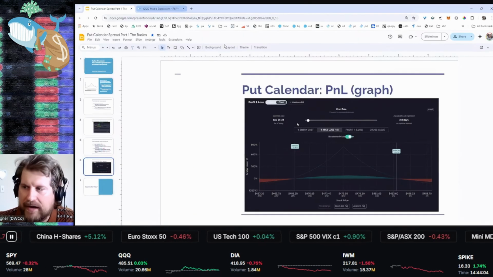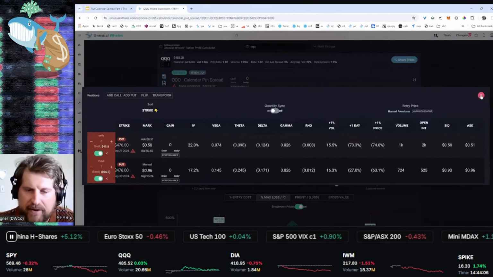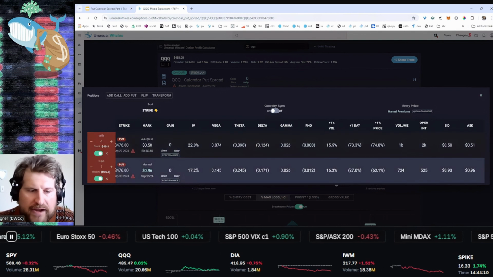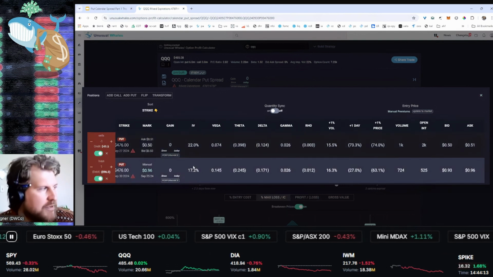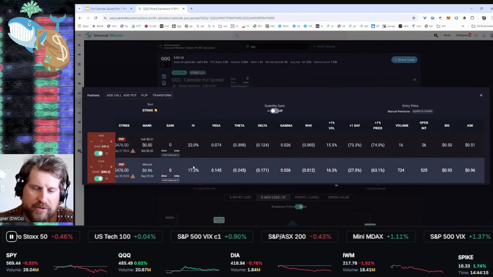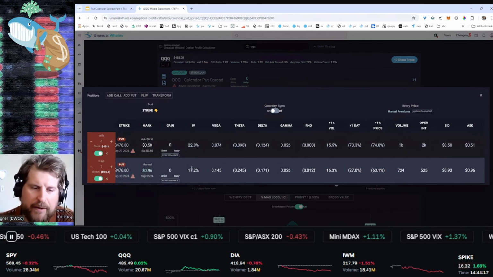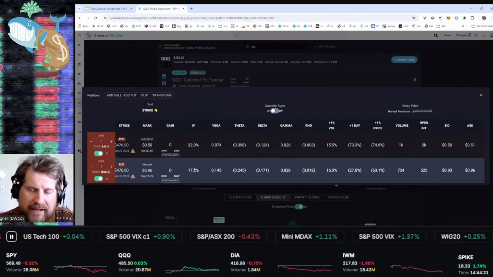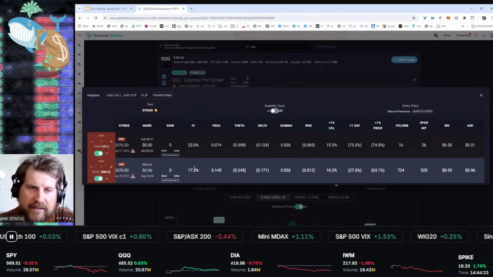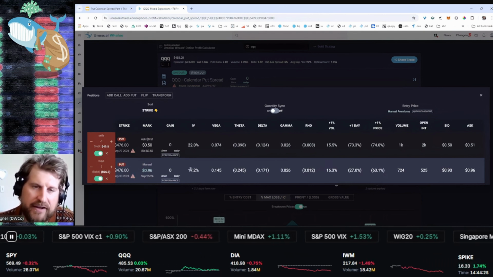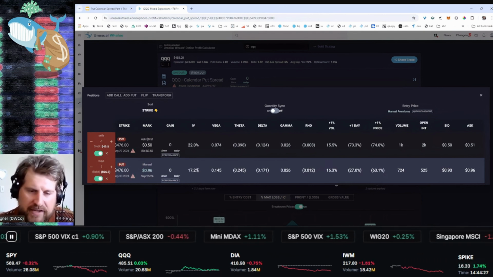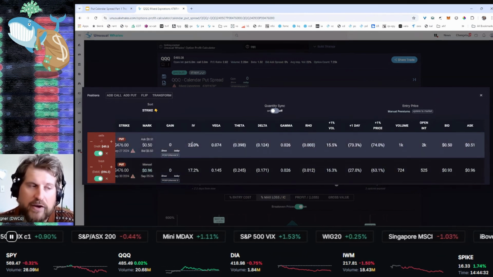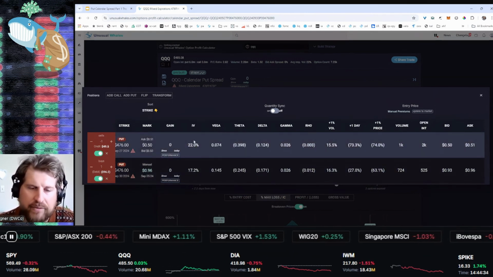Before we call it a day, or before we open it up to questions, what I want to point out here is a couple of things. When I put this structure together, the long put was showing 17.2% implied volatility, and the short put was showing 22% implied volatility.